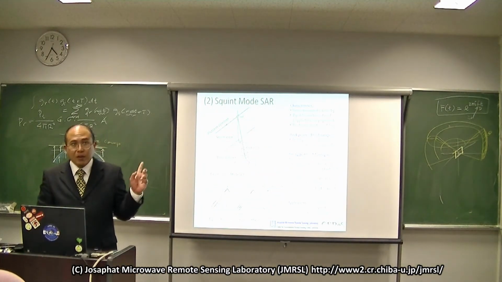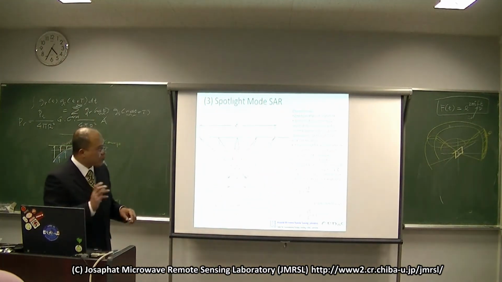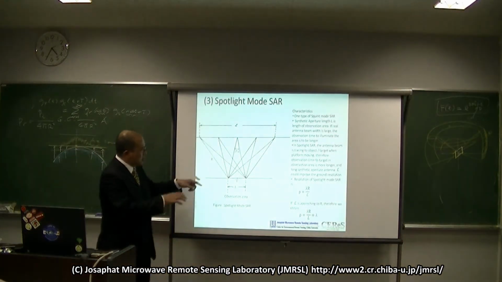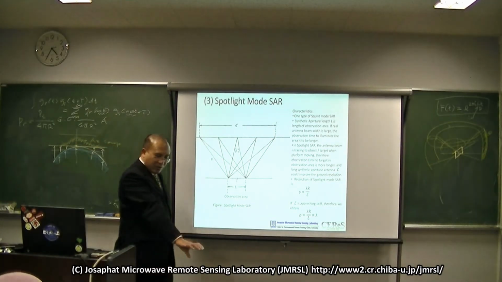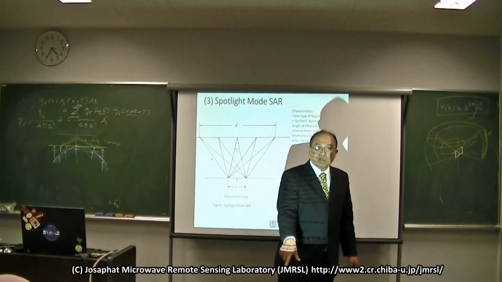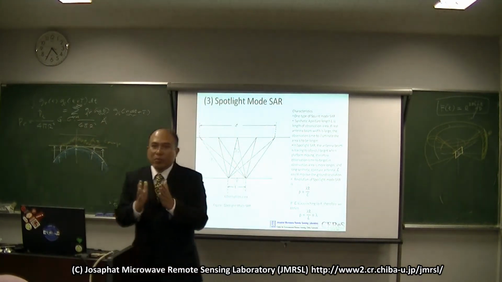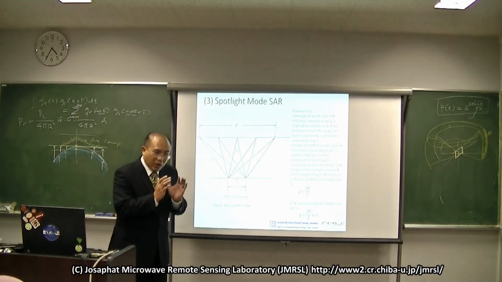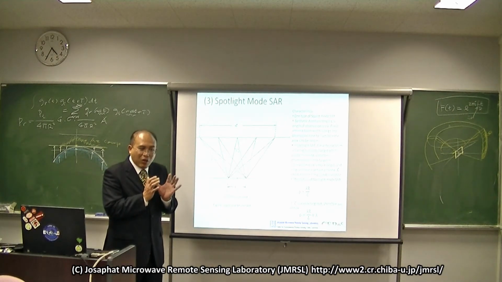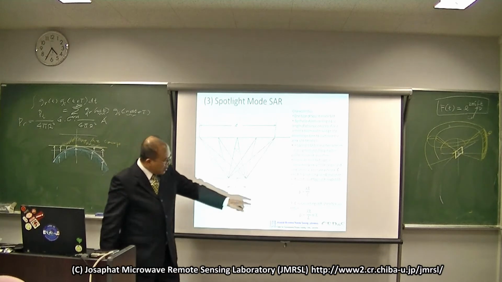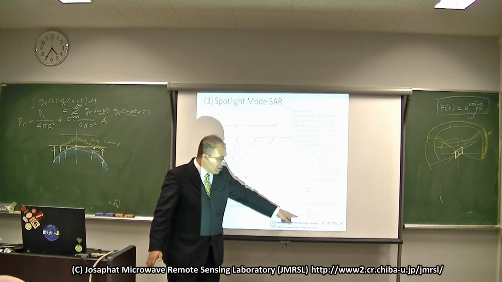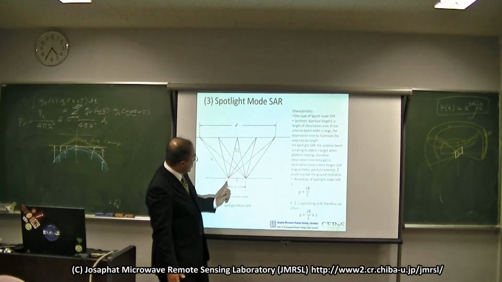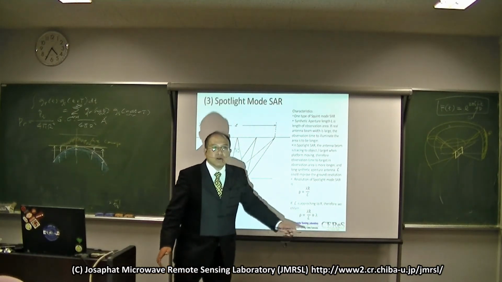And the resolution is much better compared to the stripmap mode. But here is the spotlight. Spotlight is moving, but just observes the same area for longer. If you observe longer, you can improve your resolution, slightly almost equal to your lambda.